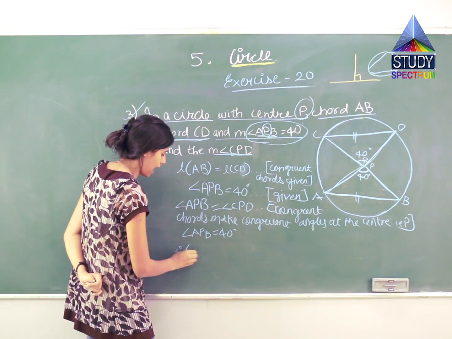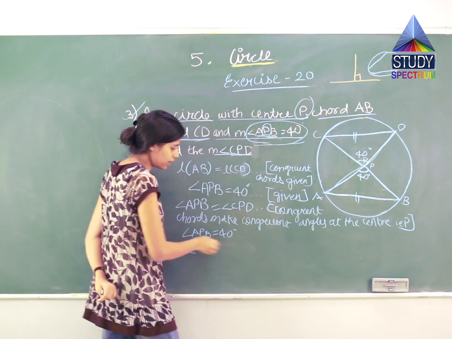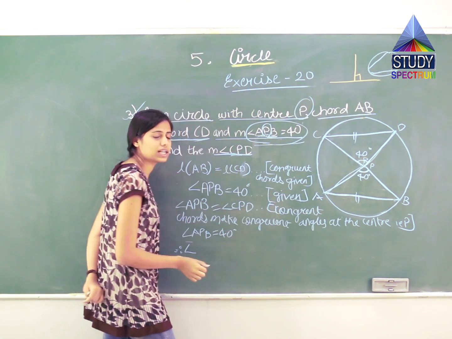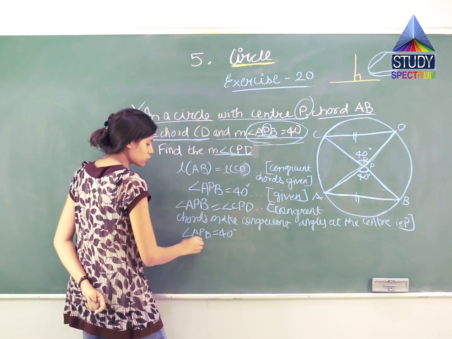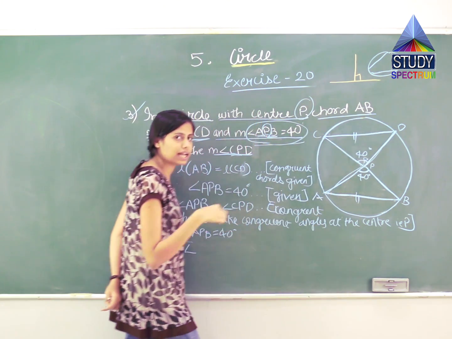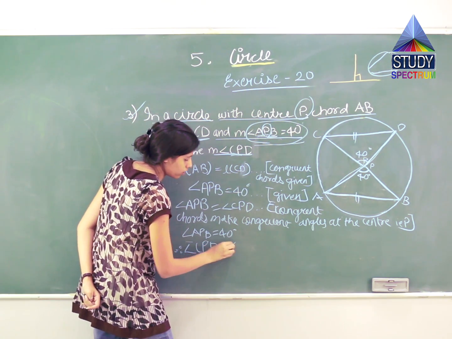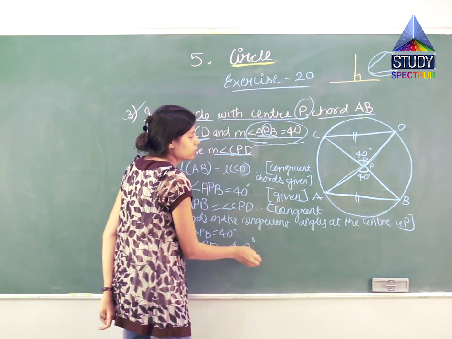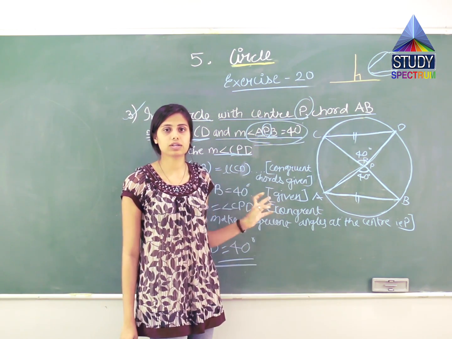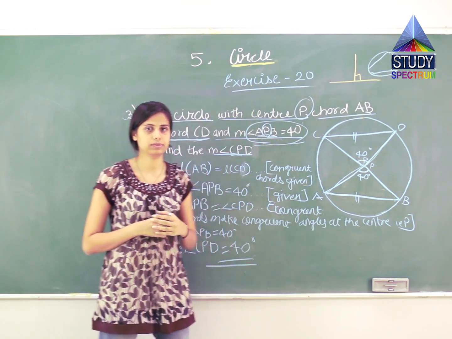Angle APB is already given in the question as 40 degrees, so I have copied it over here, and no need to write the reason, because you have already told that it is given in the question. So if APB is 40 degree, angle CPD will also be 40 degree. That you have to mention. So angle CPD is equal to 40 degree. So that's it. This is your final answer. So clear with this question? It is just based on the last property, which is congruent chords make congruent angles at the center.